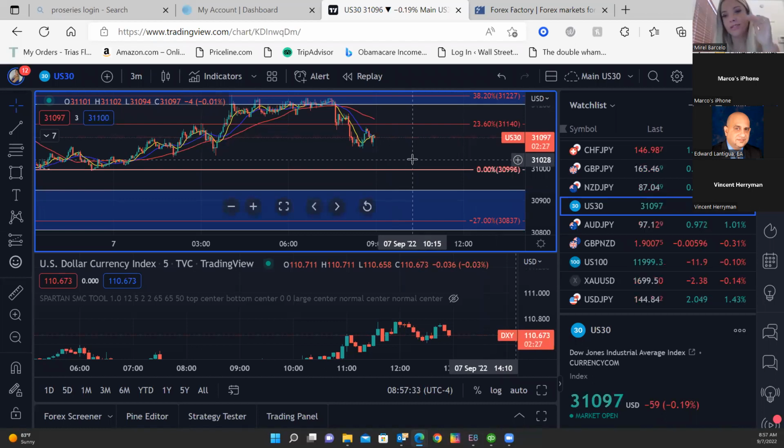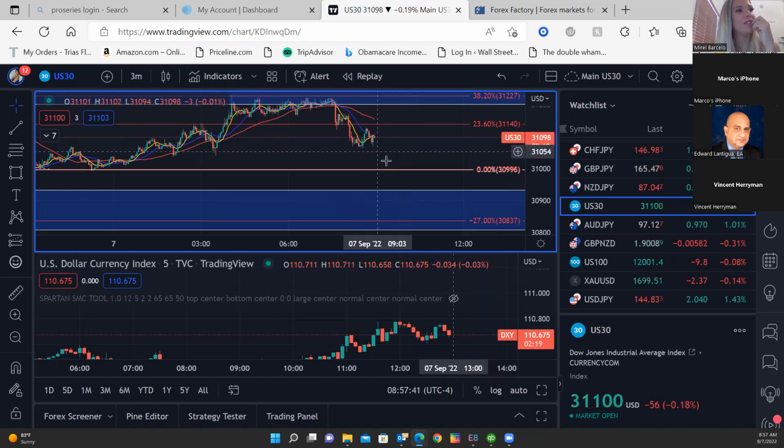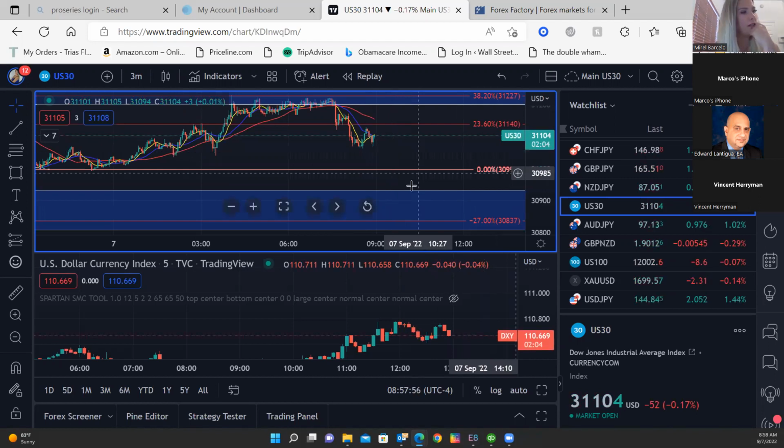When you see a red folder, run. Like yesterday, there was a red folder at 8:30. So usually news are going to be 8:30 and 9.